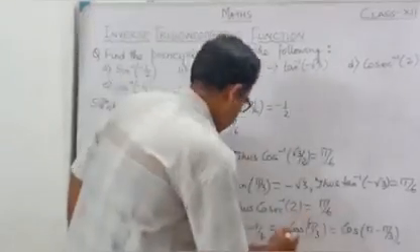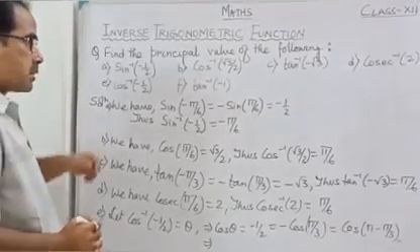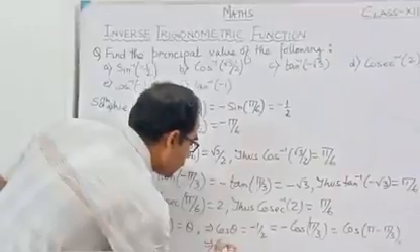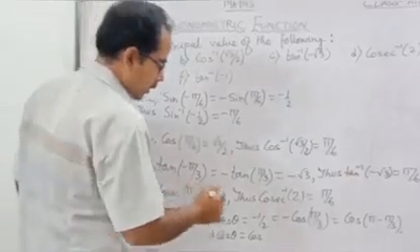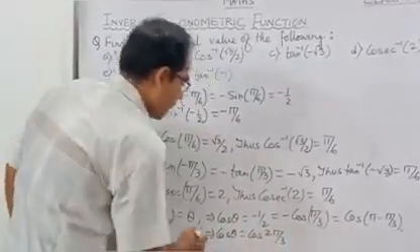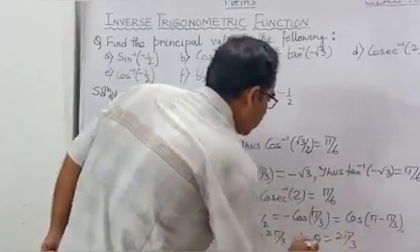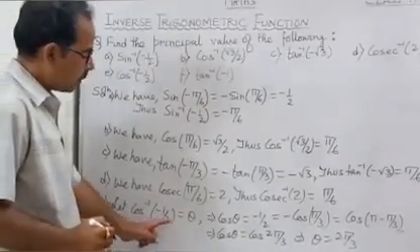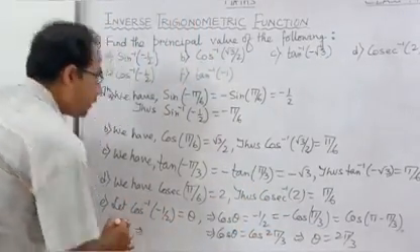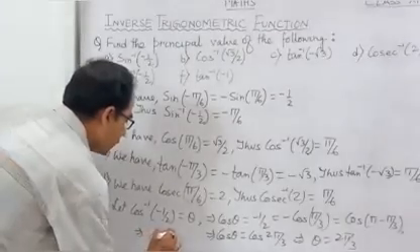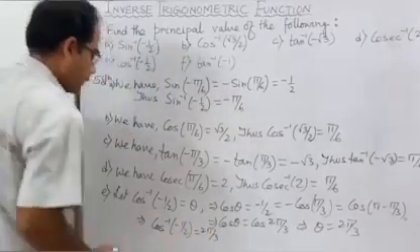That means cos theta equal to cos of pi minus pi by 3, which will be 2 pi by 3. That implies theta equal to 2 pi by 3. So here we have taken cos inverse minus half equal to theta, and ultimately we get theta equal to 2 pi by 3. So cos inverse minus half equal to 2 pi by 3. Correct?